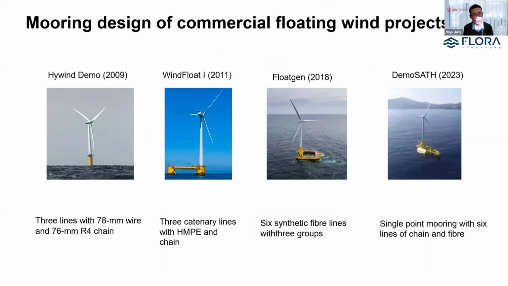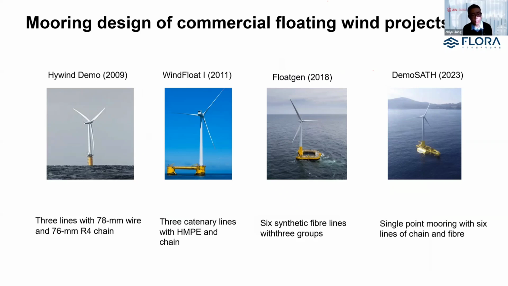On the other hand, we also have mooring design of commercial floating wind projects. Those designs have been certified by design classification societies, and they are also an evolution of the design of the material chosen.